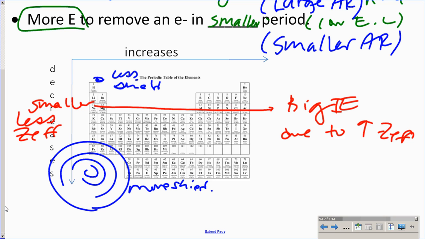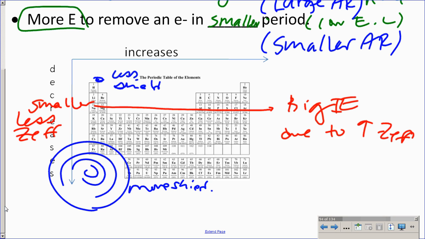Like with helium, to take its electrons? Probably helium or neon. They're really close, but helium's got such a tiny atomic radius that the valence shell is so close to the nucleus, you're practically never going to take its electrons. Neon's a little bit easier.